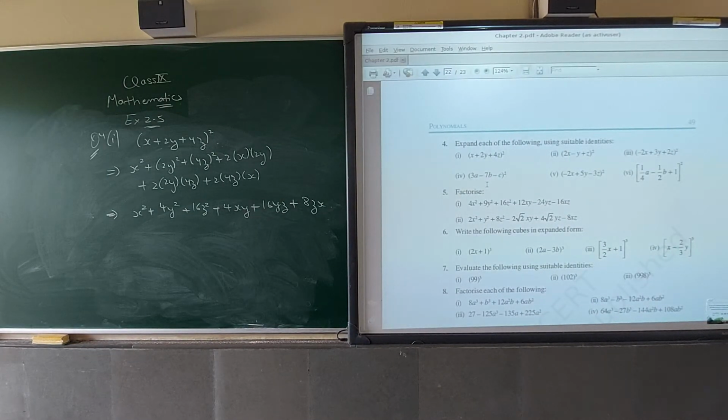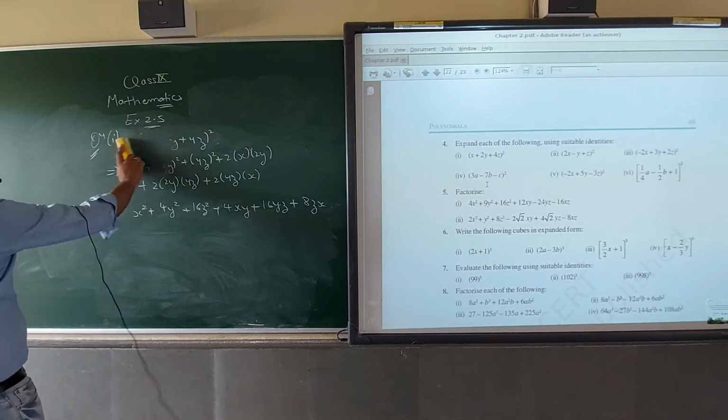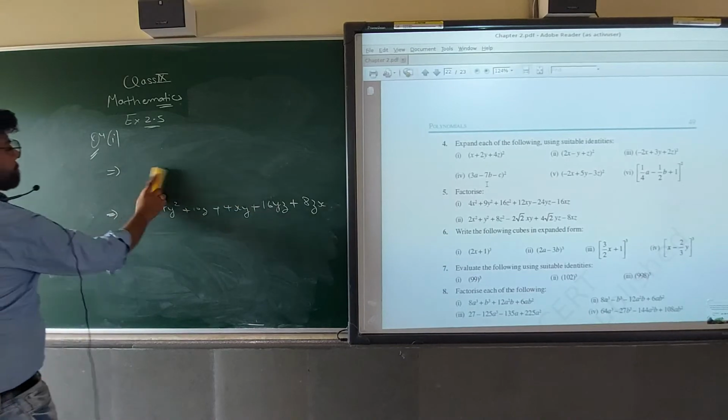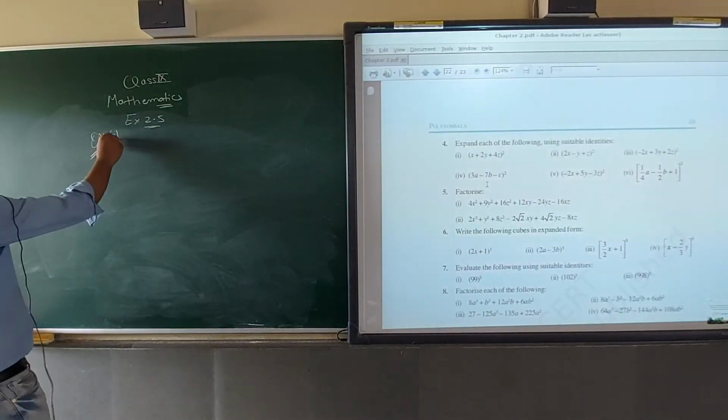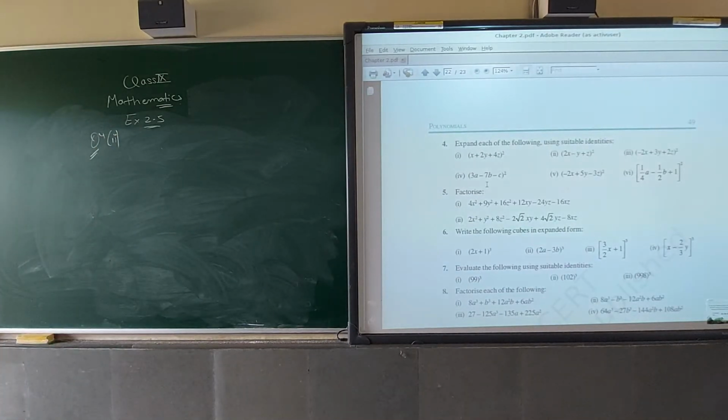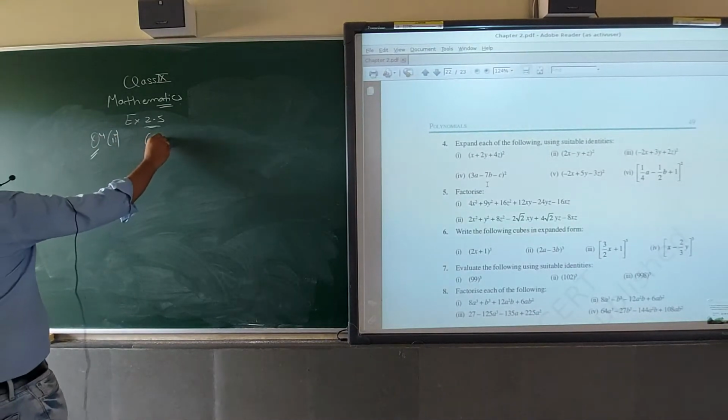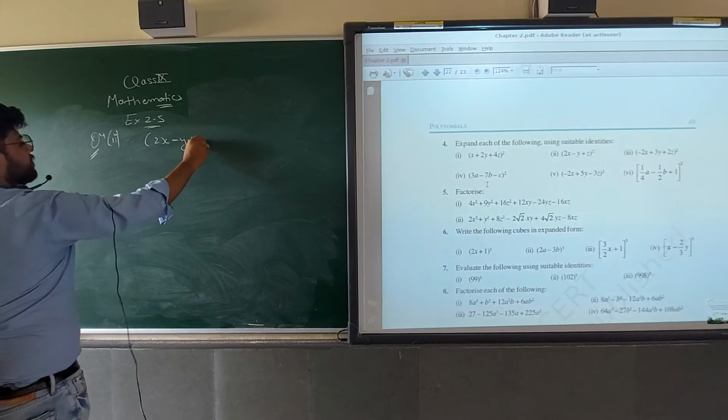Now, second part. In that second part, it is (2x minus y plus z) square.